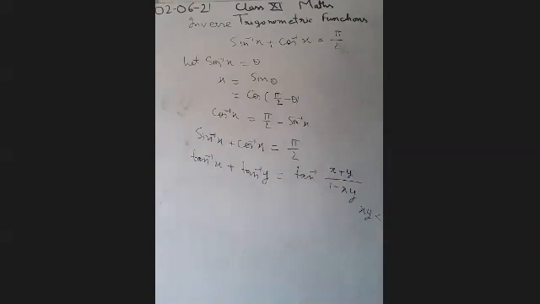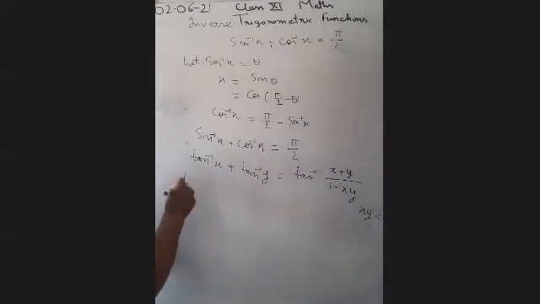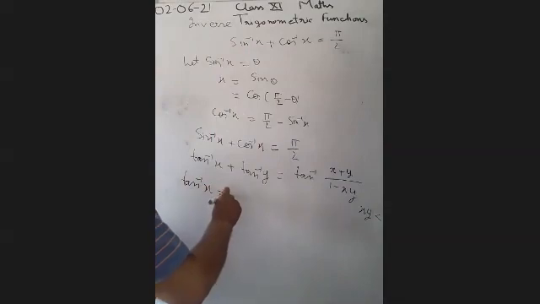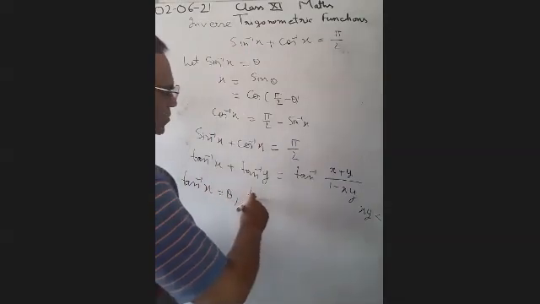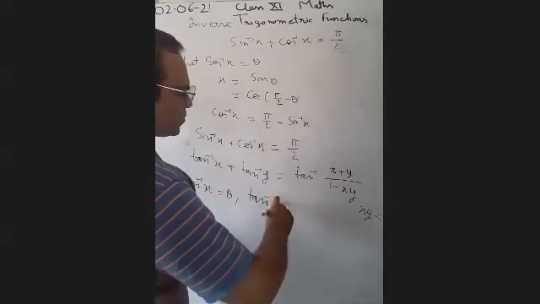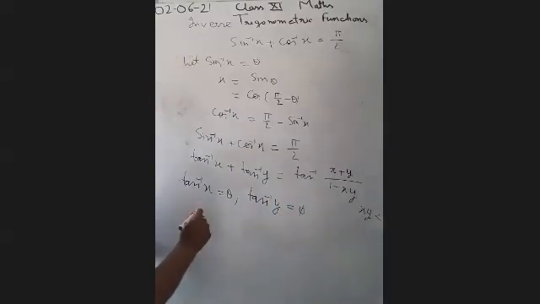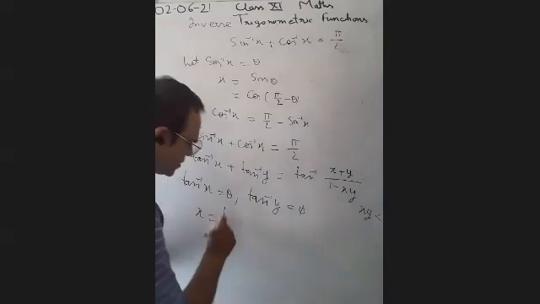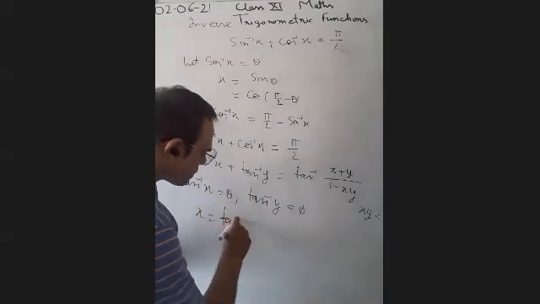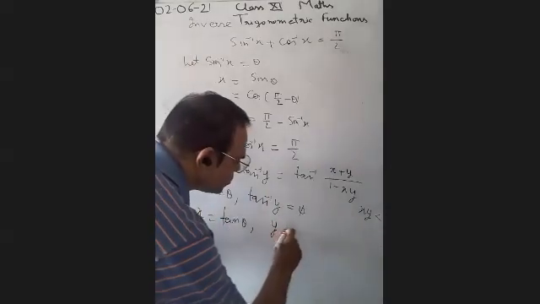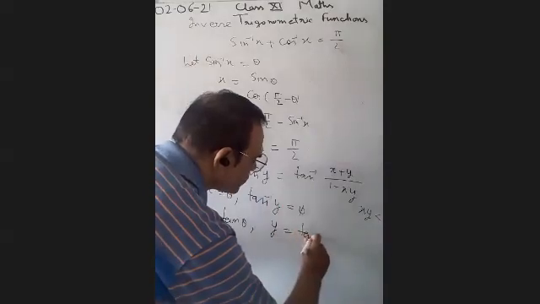So for that we let tan inverse x be equal to theta and tan inverse y equal to phi. So x is equal to tan theta and y equal to tan phi.